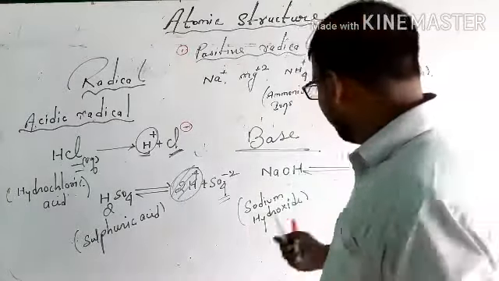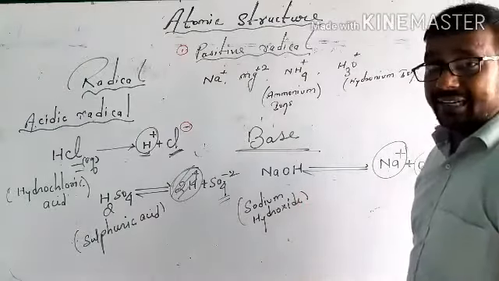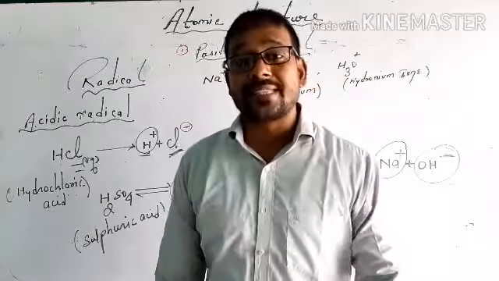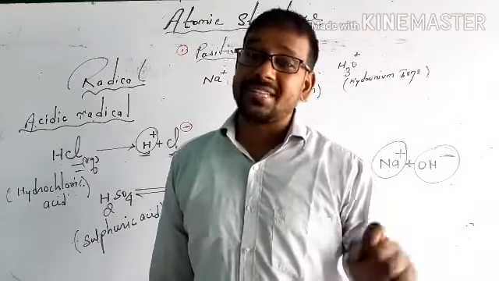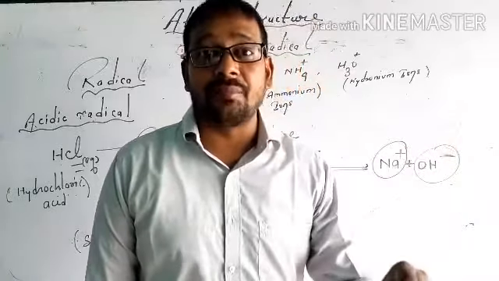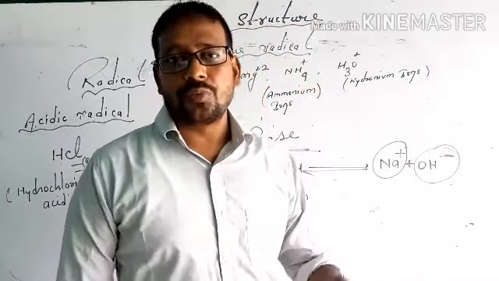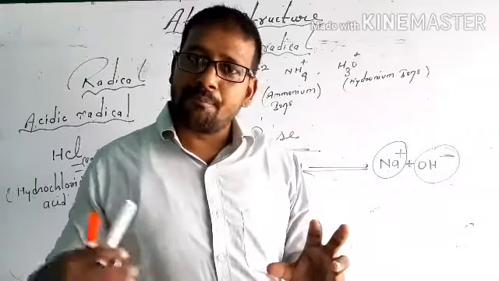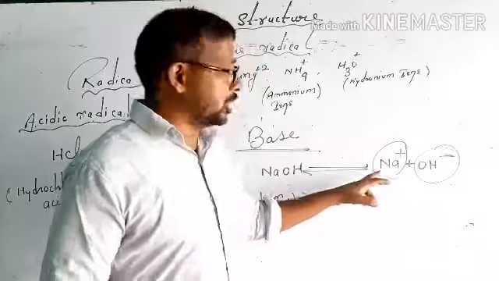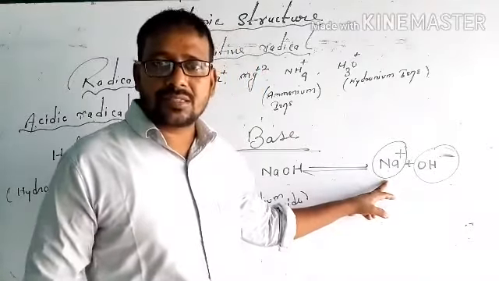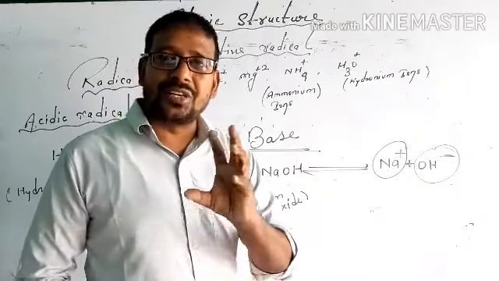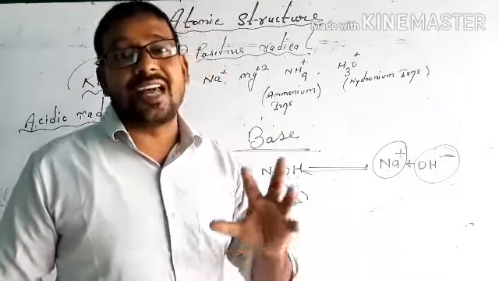It is coming from base, and that's why in the case of positive radical it is written basic radical, because these positive radicals are coming from base. So the radical obtained from base is called basic radical. Mainly positive charge particles are basic radicals, and negative charge particles, radicals coming from acid, are called acid radicals.